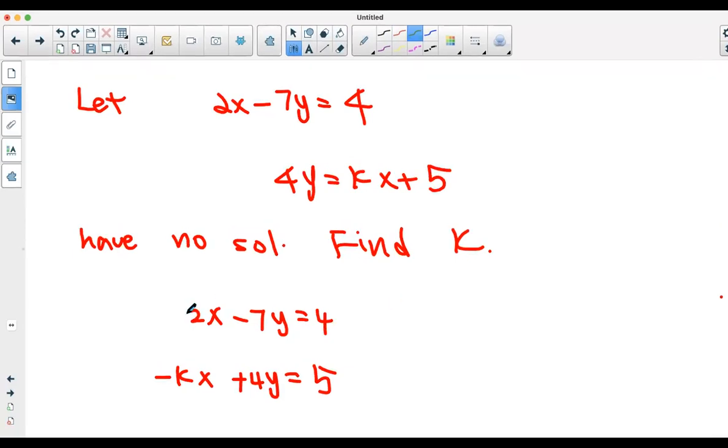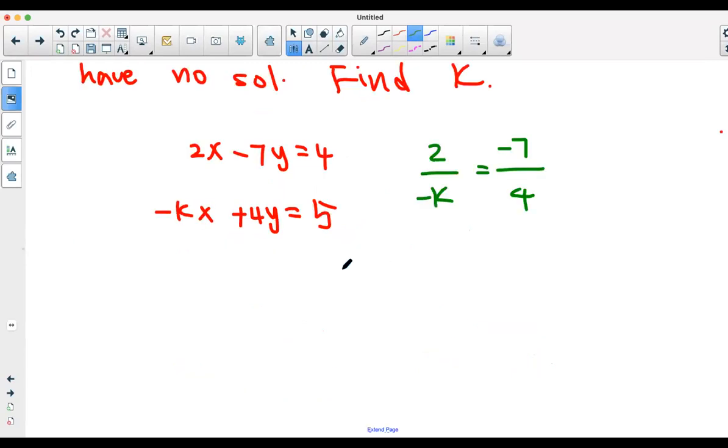Then my proportion, using these numbers, is 2 over negative k equals negative 7 over 4. Multiply across and you get 7k equals 8. What's the value of k, guys? It's 8 over 7. So that's how you can get it. Is that clear, guys?